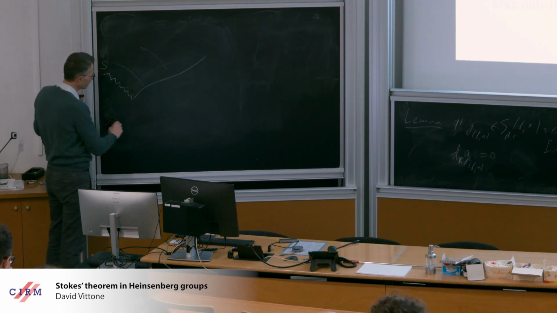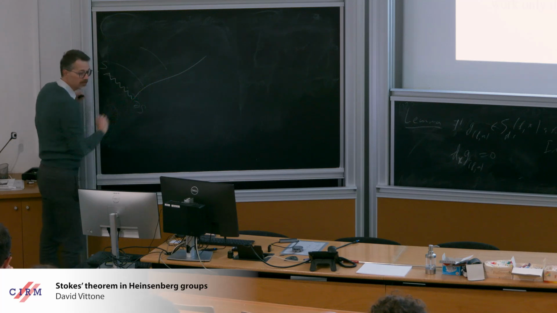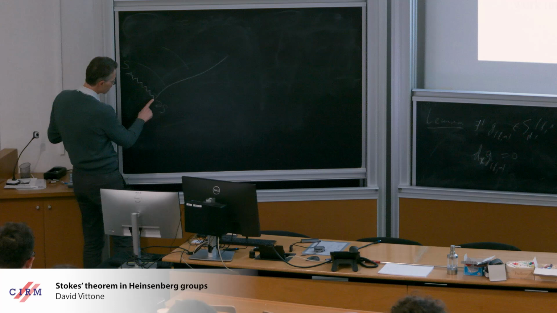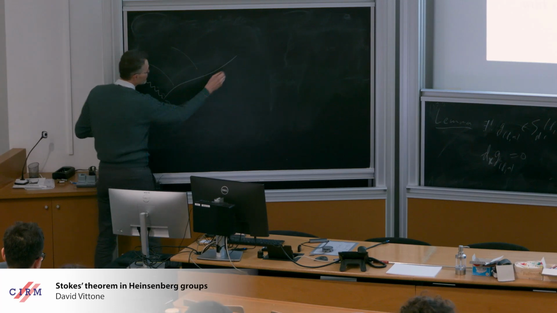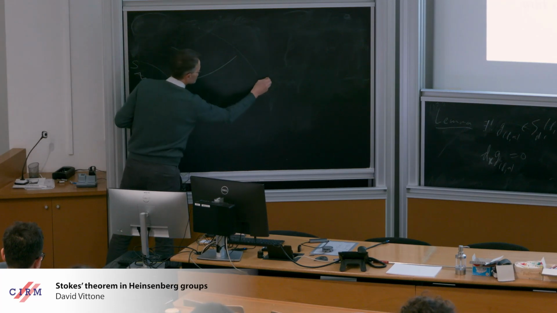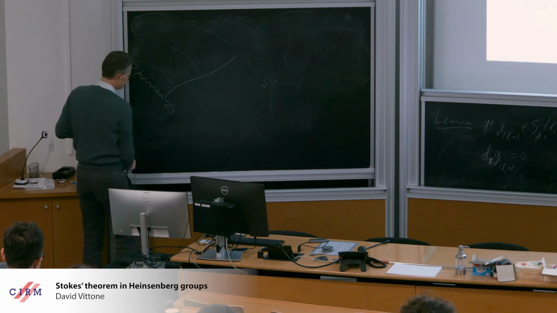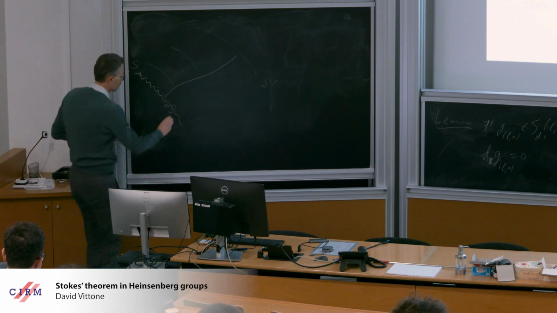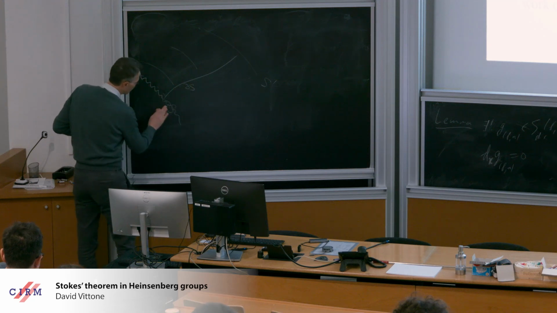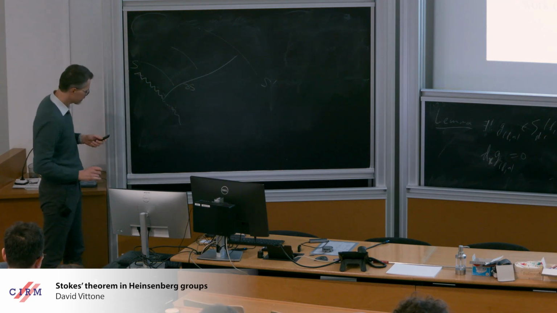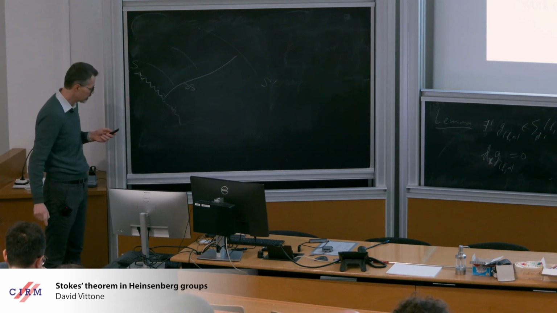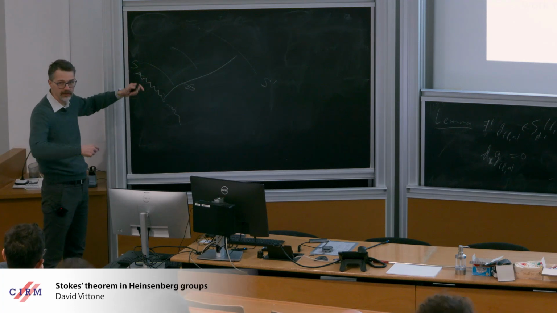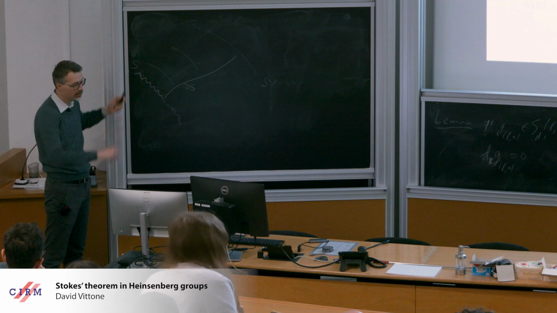So this is S. Its boundary ∂S is a horizontal curve. And we know that S can be extended to S prime, which is again maybe a fractal, so a not so regular object, across the boundary of S. So we consider, at least locally, everything, I mean, the problem is local.